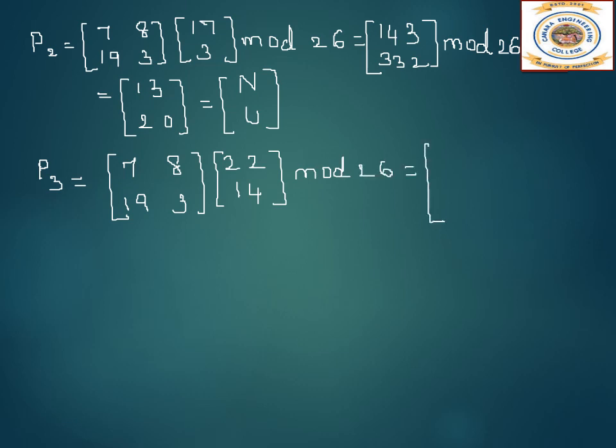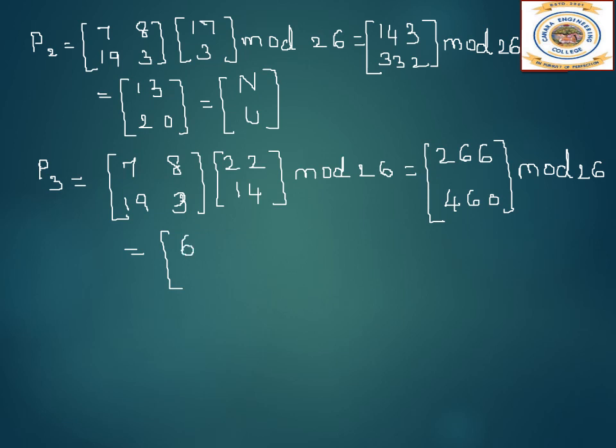So 7 into 22 plus 8 into 14, we get it as 266. 19 into 22 plus 3 into 14, we get it as 460, mod 26. So now 266 mod 26 we get it as 6.